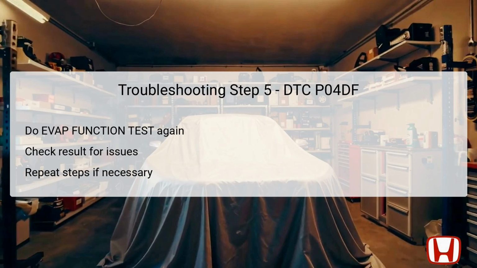Should this be the case, revisiting earlier troubleshooting steps may be necessary to ensure all connections are secure and that no other underlying problems exist. This iterative approach helps in ensuring comprehensive diagnostics and repair.